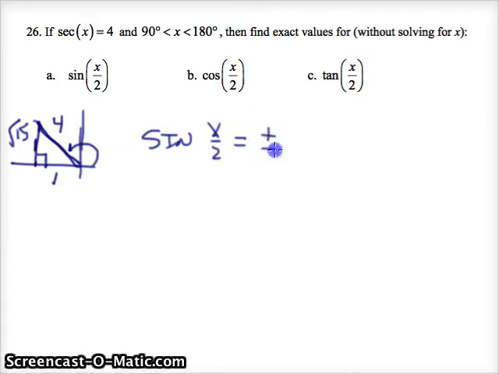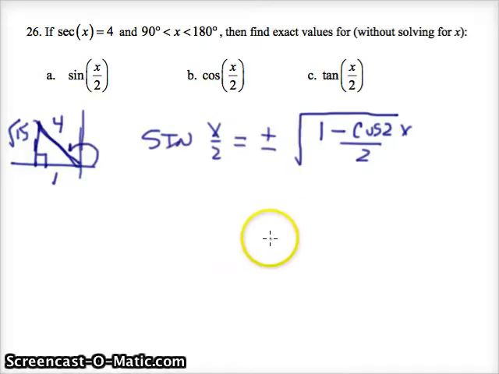Now, I have a part of your green sheet that maybe I need to make a minor adjustment to. I thought about doing this, but I'm going to rewrite this as a radical, 1 minus cosine of 2 theta, or 2x, over 2.